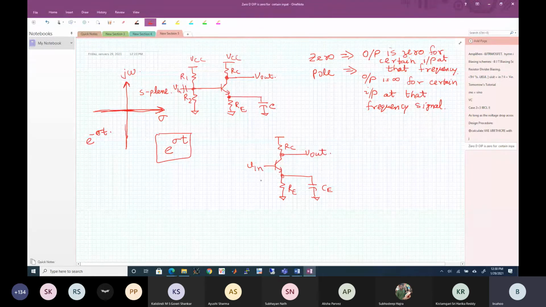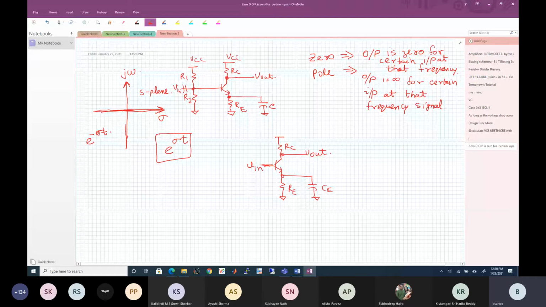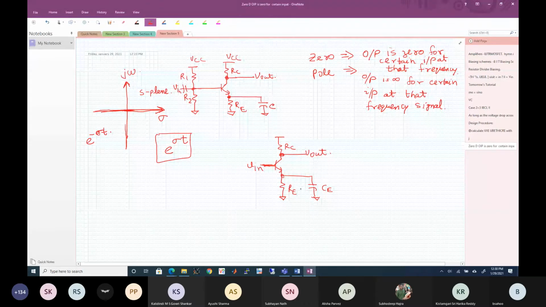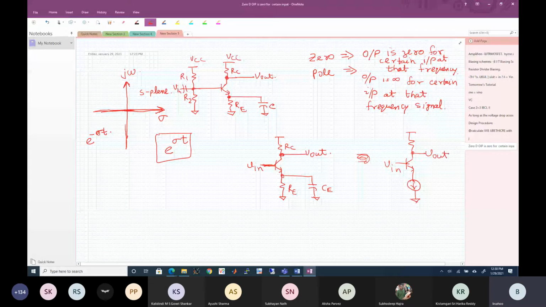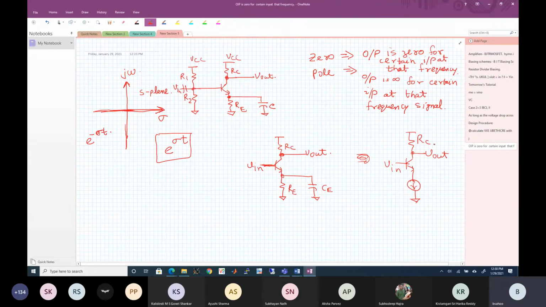Can anybody tell me, if I give an input, under what circumstance will I get an output of zero? Okay, so I'll give you a hint. Suppose somebody built a circuit like this. What is the gain of this circuit? What is the gain of this circuit? Anyone?